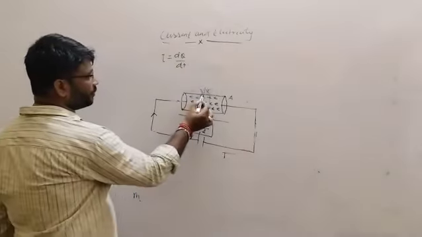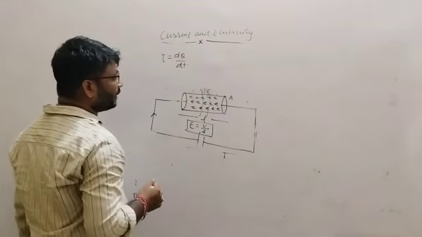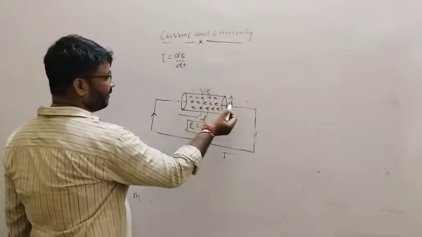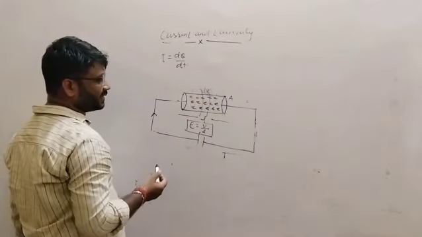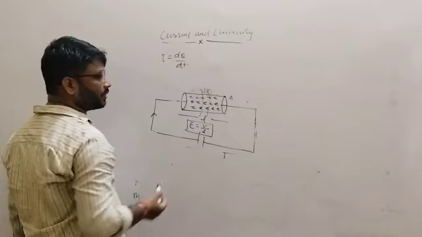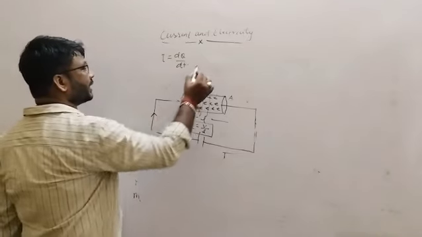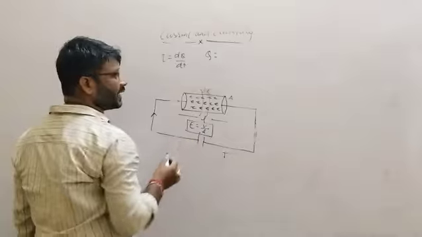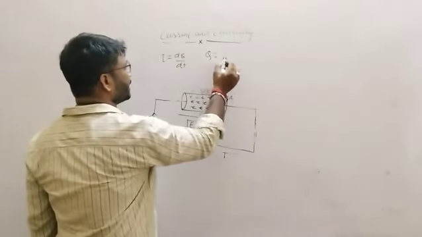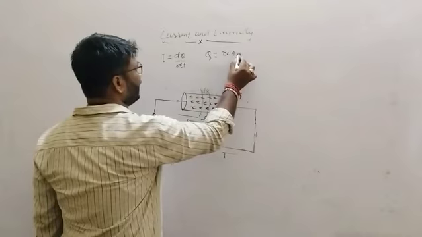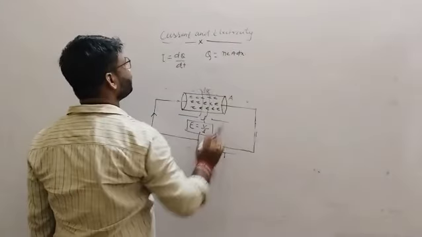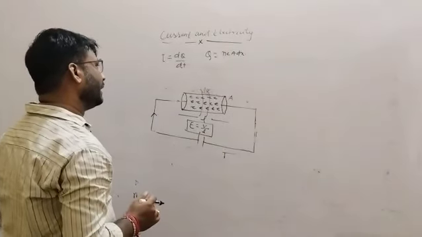Here we consider a conductor of area A, and dx is a small element of the conductor. So the charge in the small segment of the conductor is n e A dx.